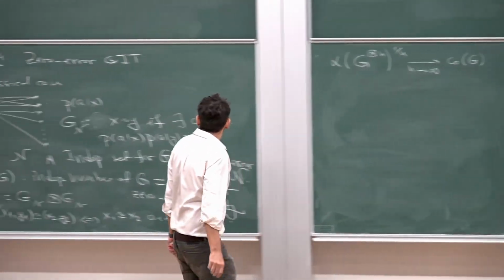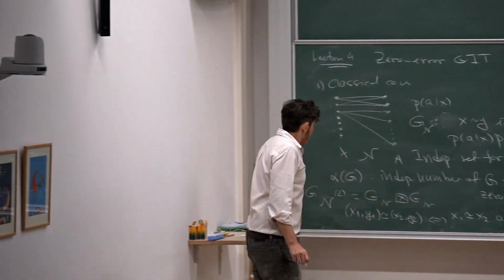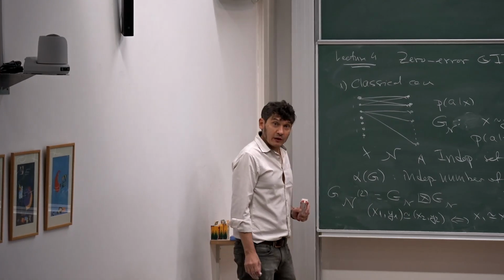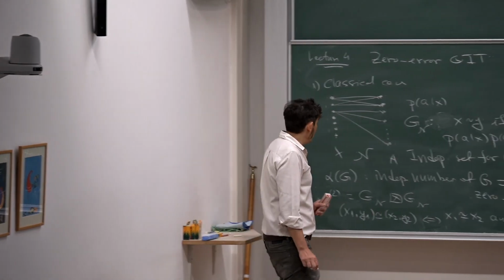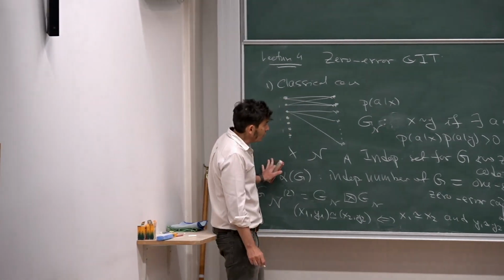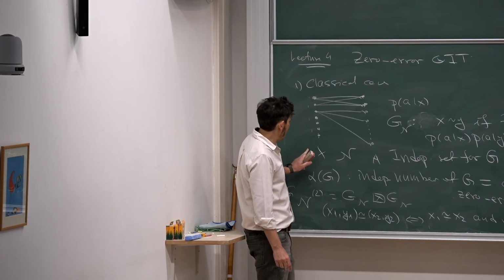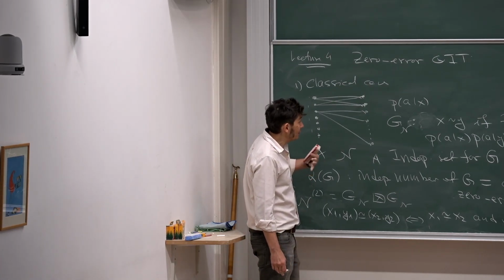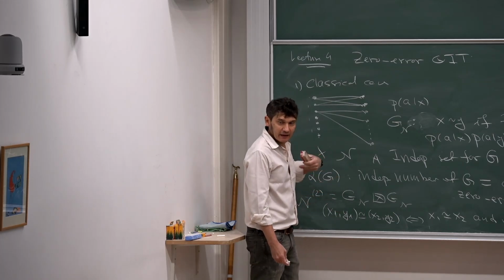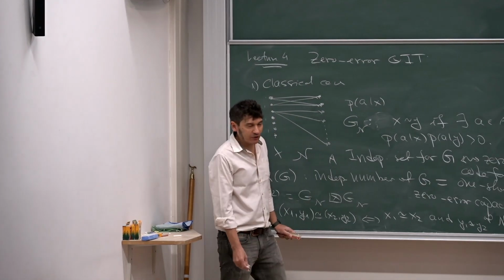All right. So now moving to quantum. I have two choices: either to move to quantum now, or actually maybe what I will do is I will show how entanglement can assist in zero error communication first.